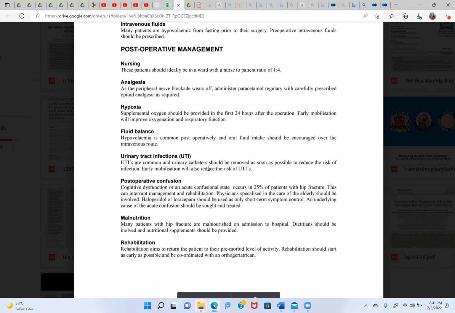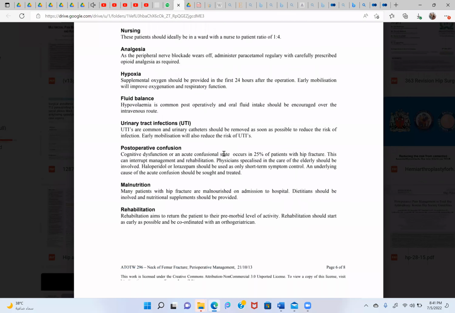Sir, crystalloid and colloids, you are telling 1:1:1. What is the concept of 1:1:1? Anyone, please. What is the name of this?